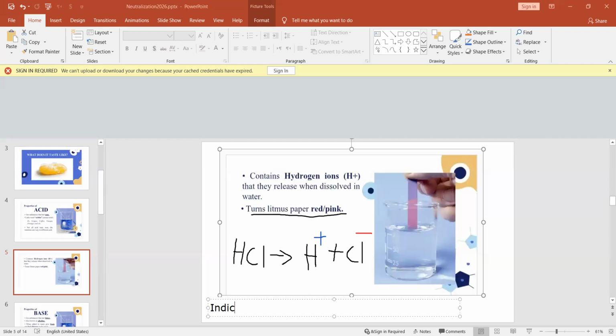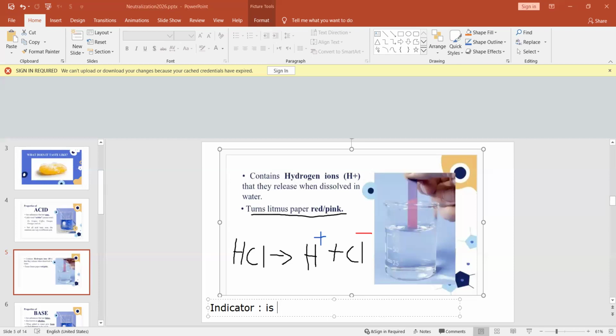An indicator is the thing that shows us whether things are acid or base, indicating the condition of the solutions.